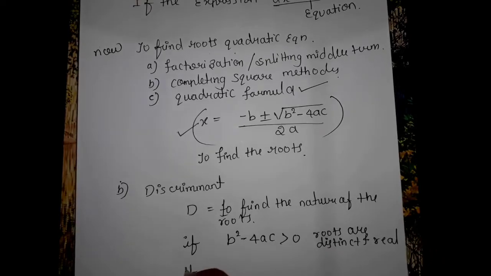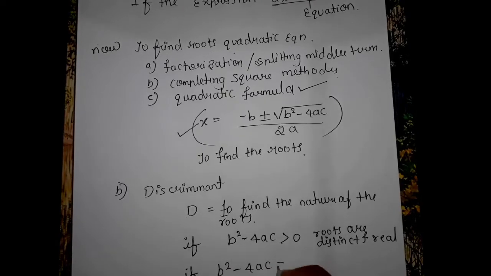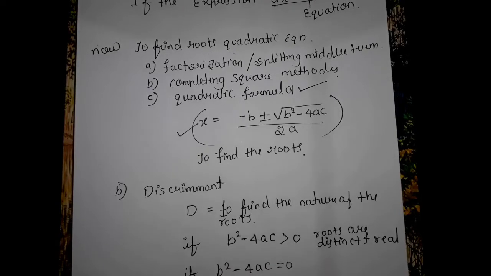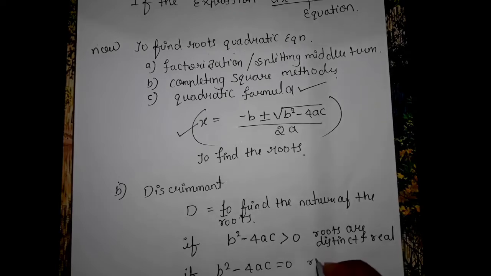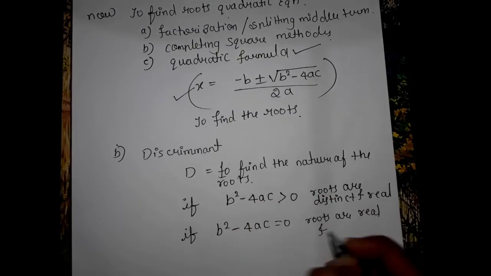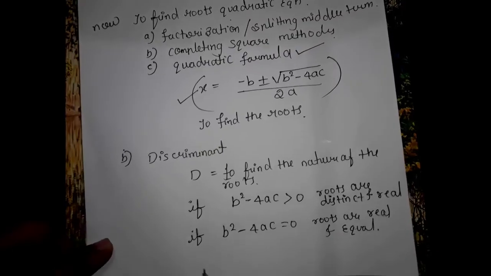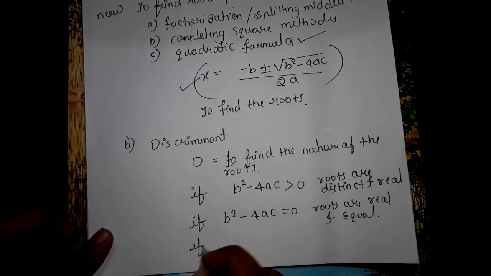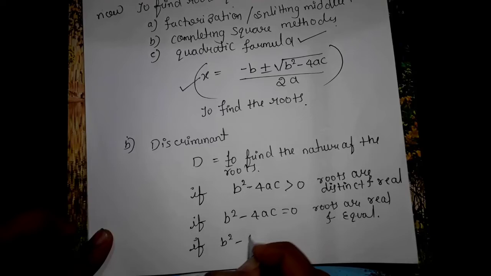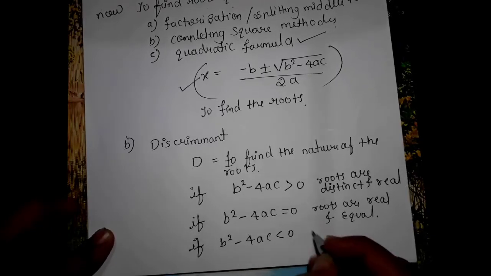If b square minus 4ac is equal to 0, then the roots are real and equal. If b square minus 4ac is less than 0, then the roots are not real.